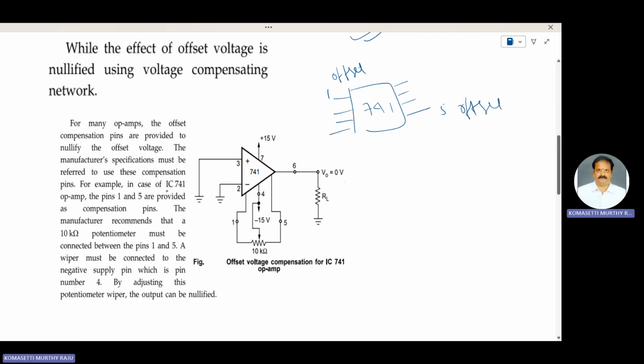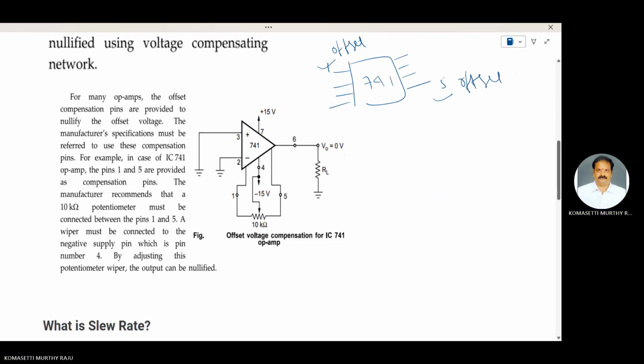For example, in case of the IC 741 op-amp, pins 1 and 5 are provided as compensation pins. The manufacturer recommends that a 100 kilo ohm potentiometer must be connected between pin 1 and pin 5. This is the wiper.